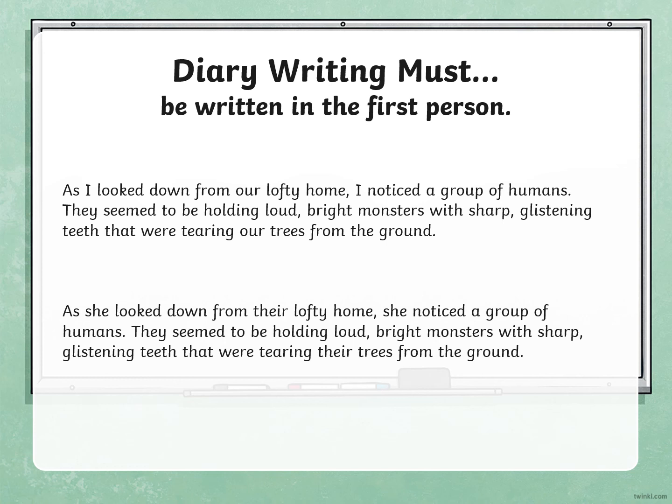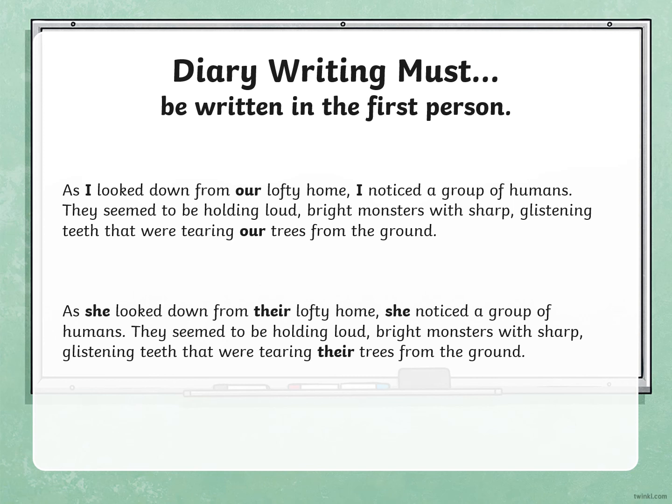They seemed to be holding loud, bright monsters with sharp, glistening teeth that were tearing their trees from the ground. So which one is written in first person? You'll write the first one written in first person using I, our and I.